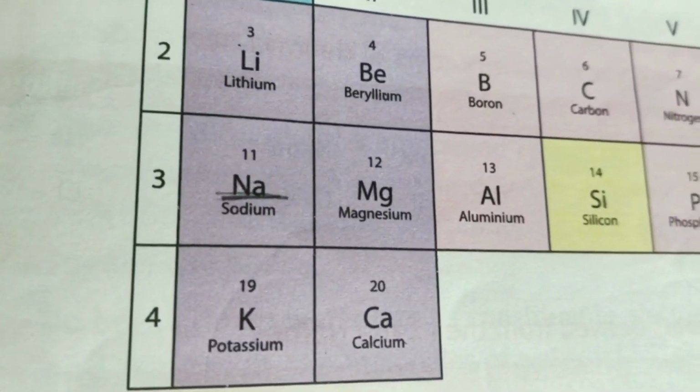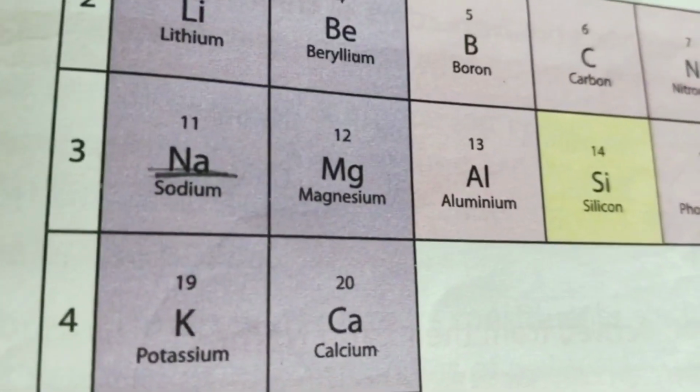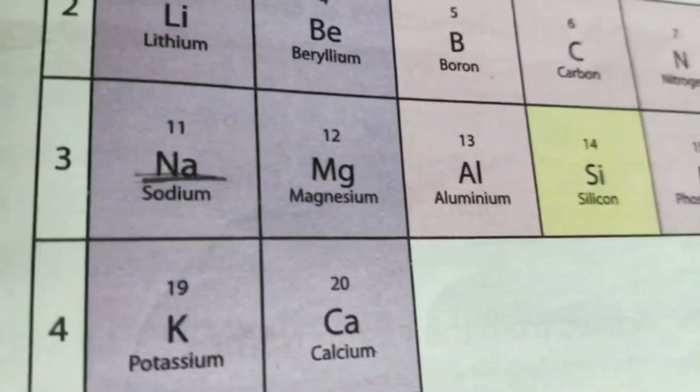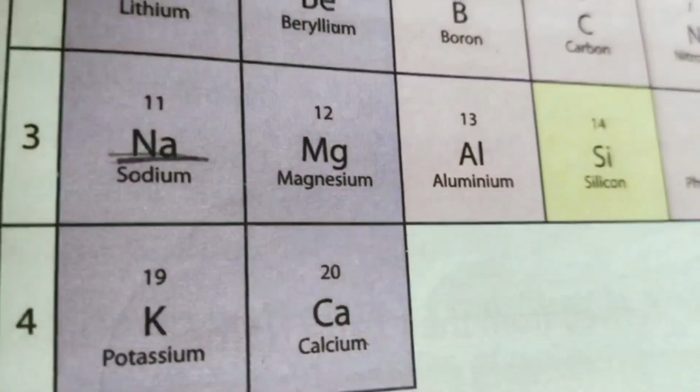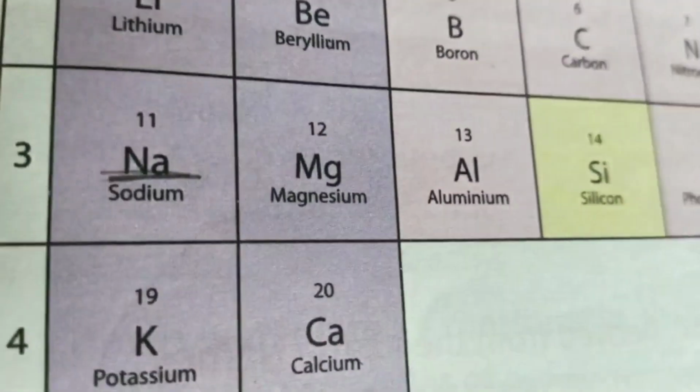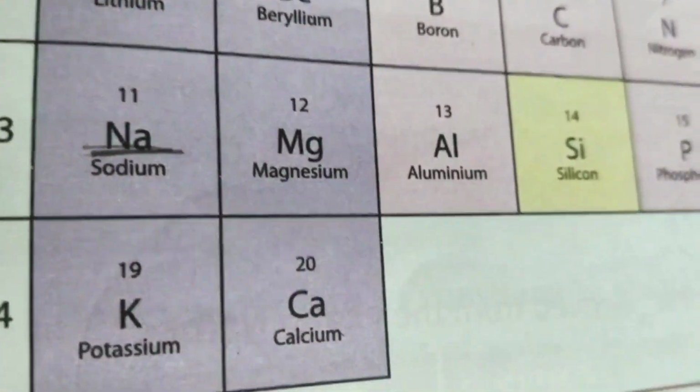This was creating a very big problem for the scientists. So they found a way, and what was that way? They started using short forms.